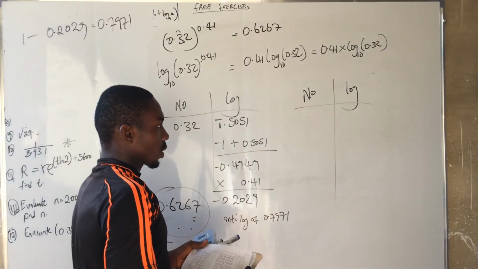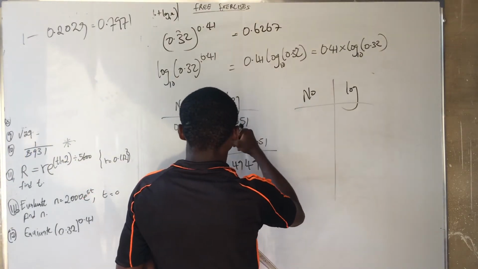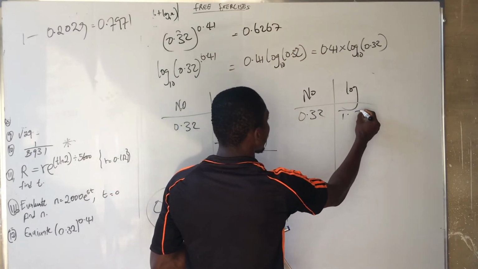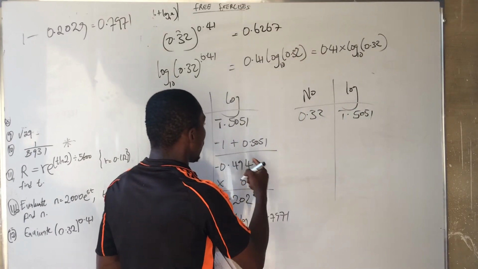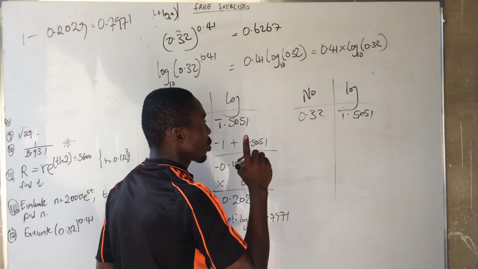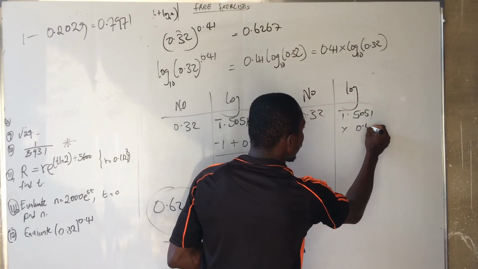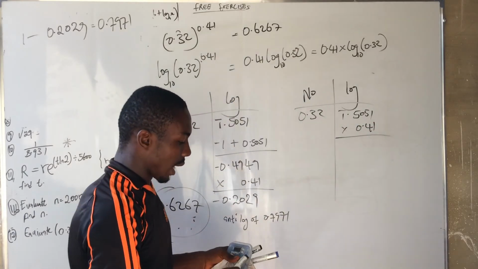Let us check the next method. We have 0.32 to be bar 1.5051. Now I'm going to multiply straight by 0.41. But look at what I'm doing.